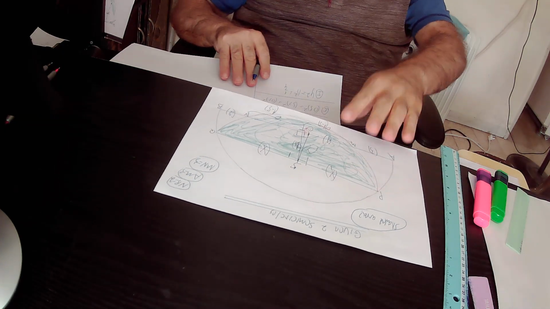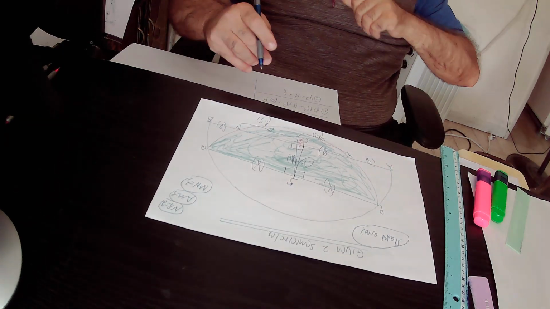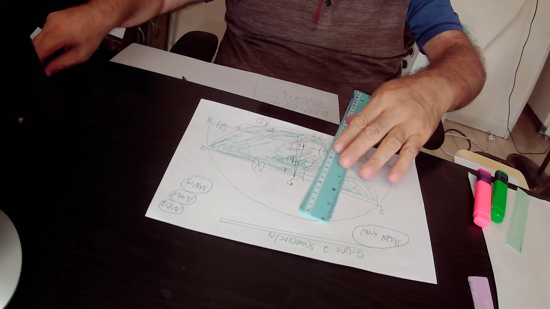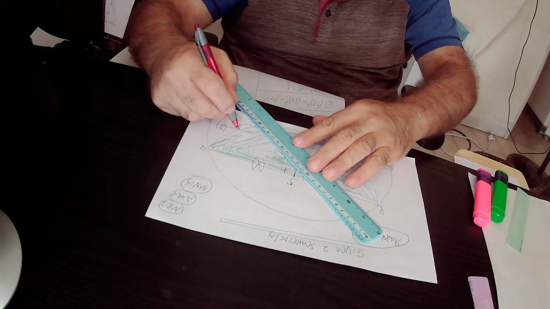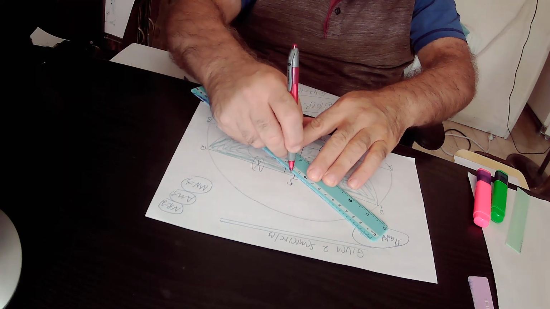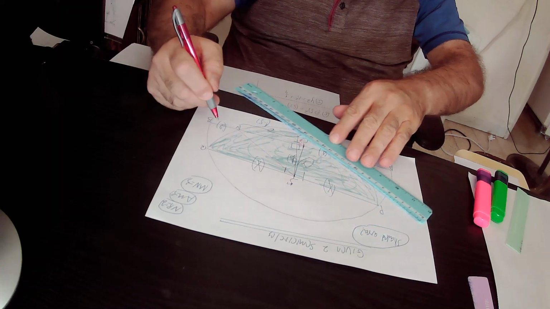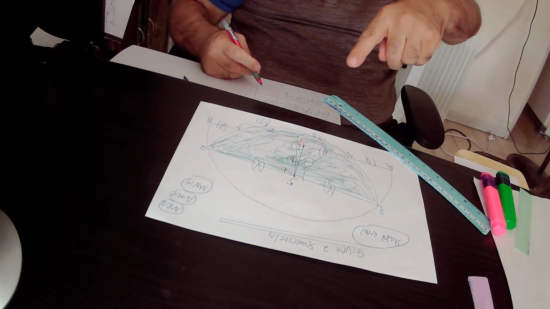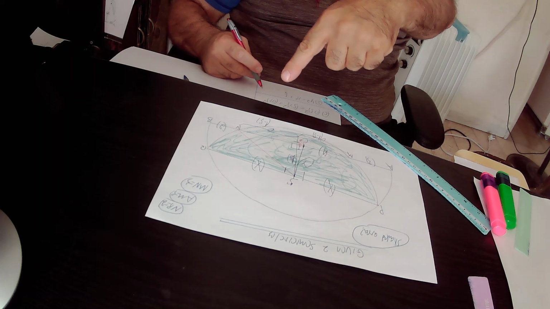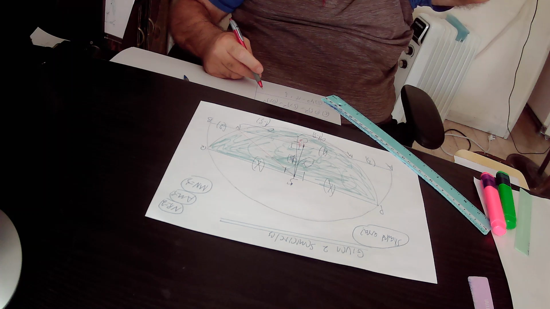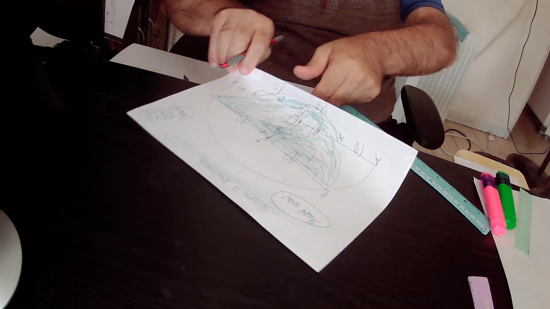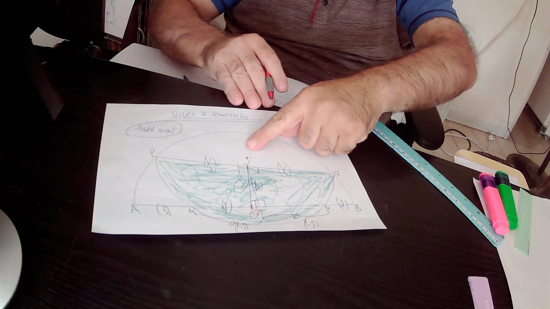In the next step, we join points S and N together by a straight line. We join points S and N together, making the right triangle STN.